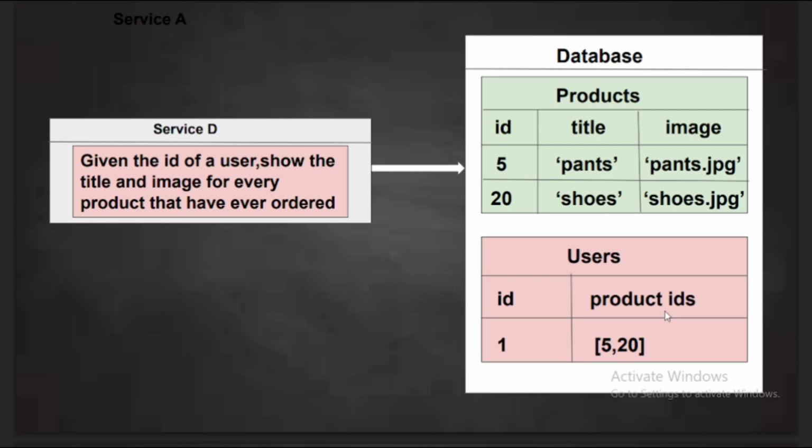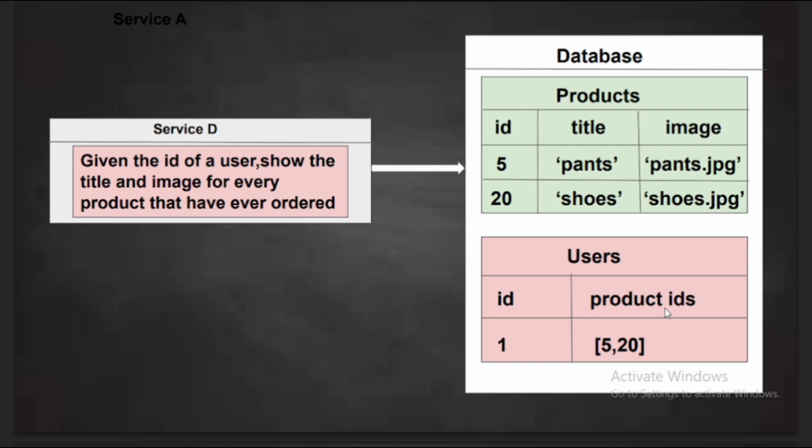We find the product IDs that they have ordered are 5 and 20. Then we can look inside our products collection and find IDs 5 and 20, look at the appropriate title and image for both, and respond with both to some incoming request to service D. It looks like this solves the issue.